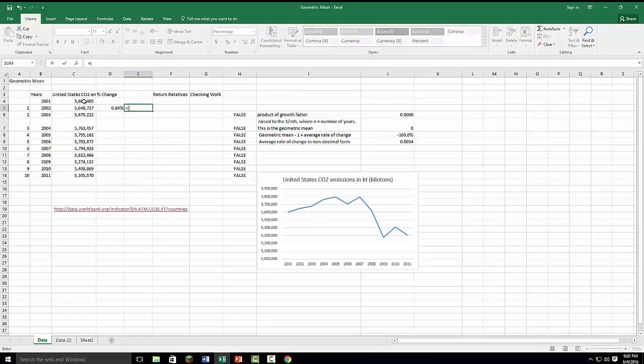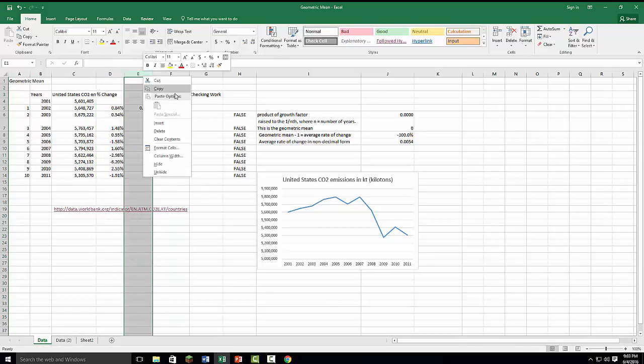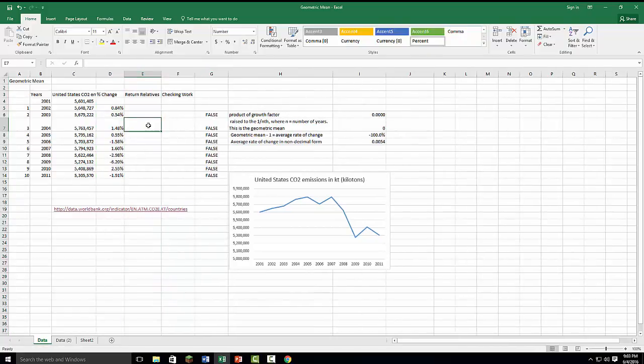I like to use a simpler formula for Excel. There's less calculations to input. So you just take the ratio of the two periods and minus 1. It gives us the same value. Either formula works, so I'll stick with that one, copy it down.